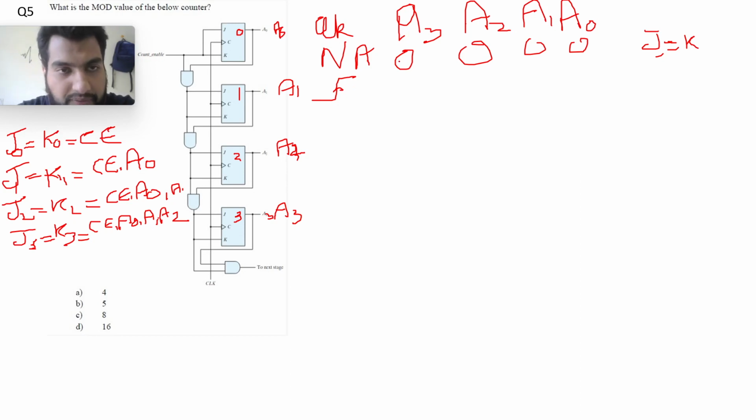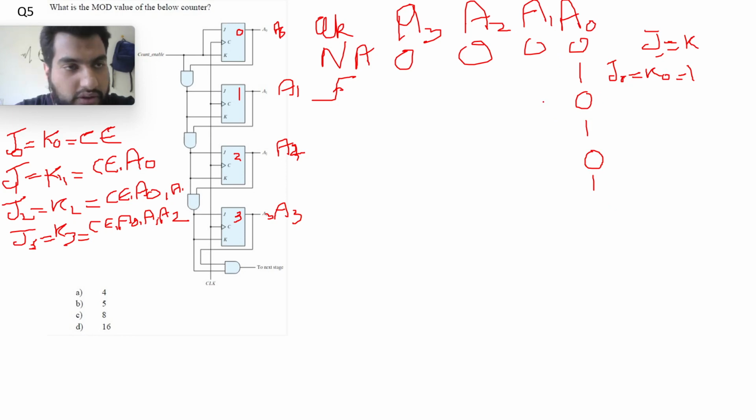My J equal to K equal to 1, so my A0 will toggle and go to 1, as J0 is equal to K0 is equal to 1. It will always be 1 for J0 and K0, so the output will toggle always: 0, 1, 0, 1, and so on.